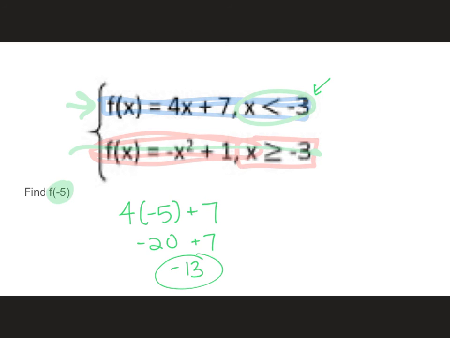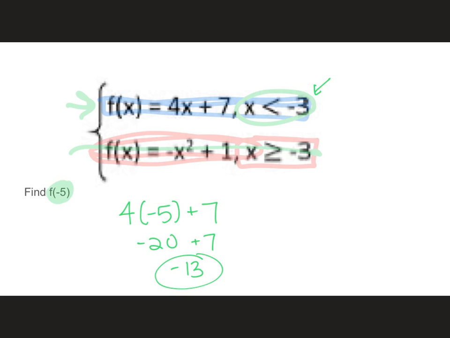So you really only have to worry about one of them once you choose and find out what one you're using. If we wanted to find, say, f of 4, we would use that, right? Because 4 is greater than or equal to -3. You're just choosing which one to use. So we chose that one, that top one there.